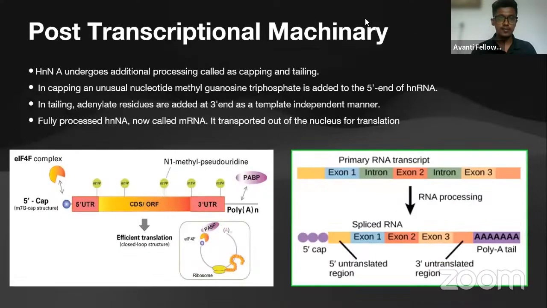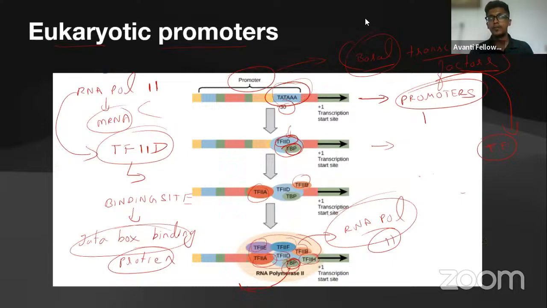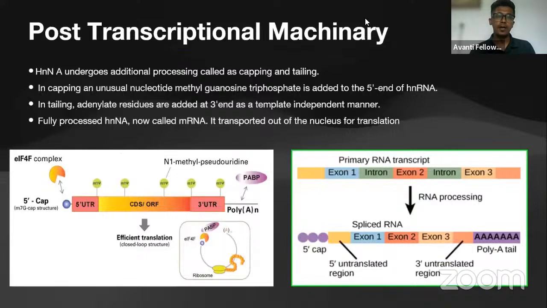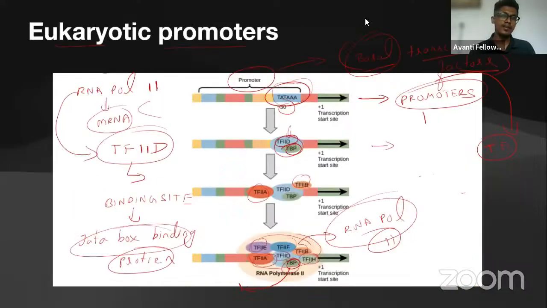In the last class, I think I talked about the termination, right? So we finished the whole transcription, but we have to talk about the post-transcriptional machinery. So what did we learn in the transcription? Most importantly, what we learned is the termination. Correct, no? Obviously we learned about the promoters.